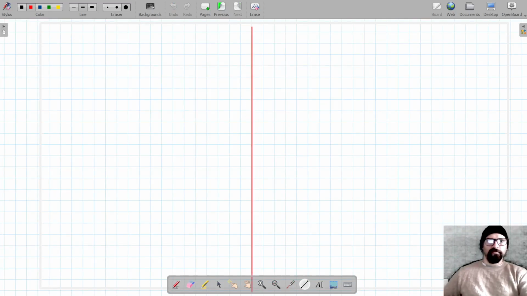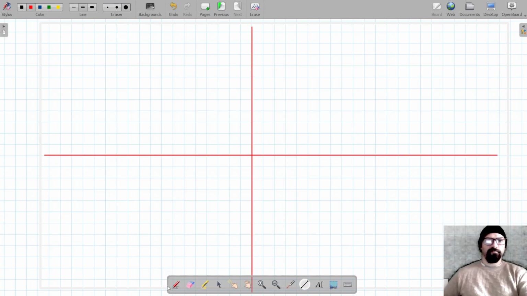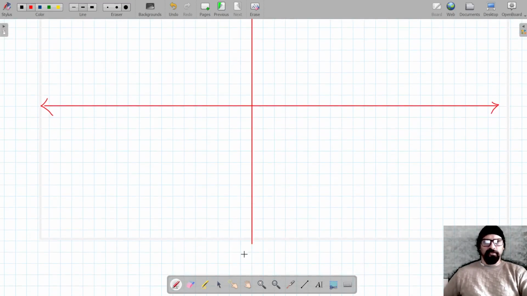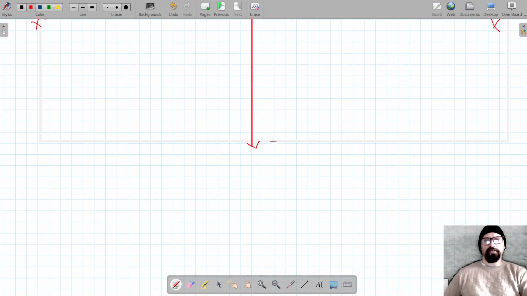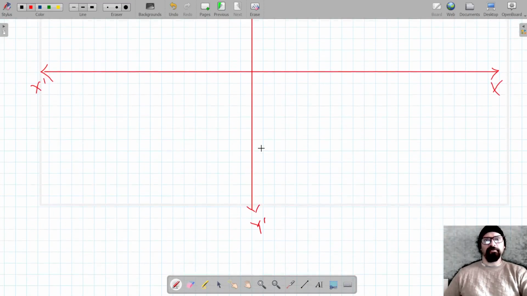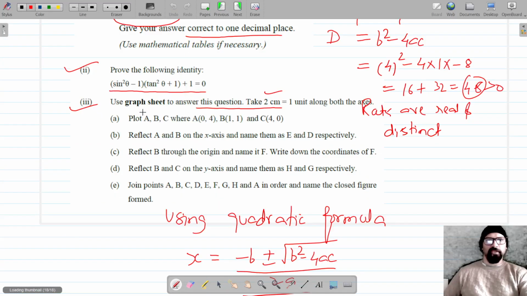So if this is the Cartesian plane, we have to plot A, B, and C. This is the coordinate axis, so this is x, x dash, y and y dash. This is the origin, and it's given that we have to take 2 centimeters equal to 1 unit.